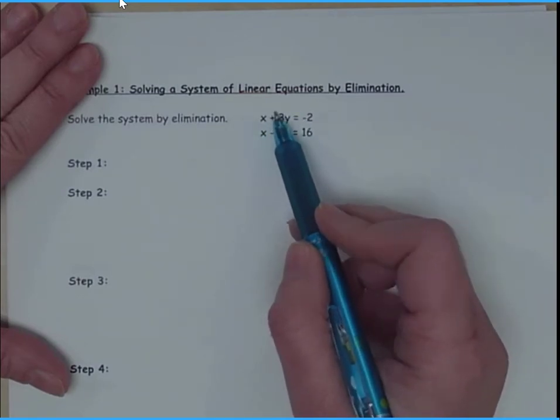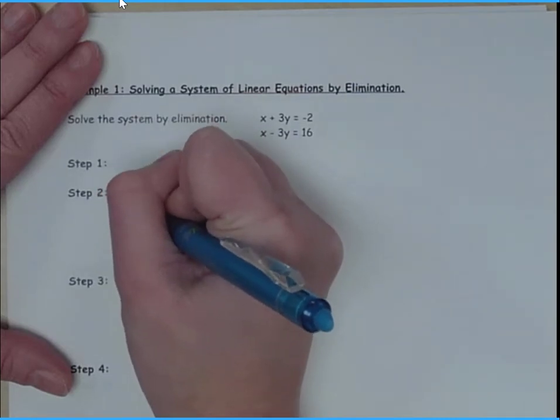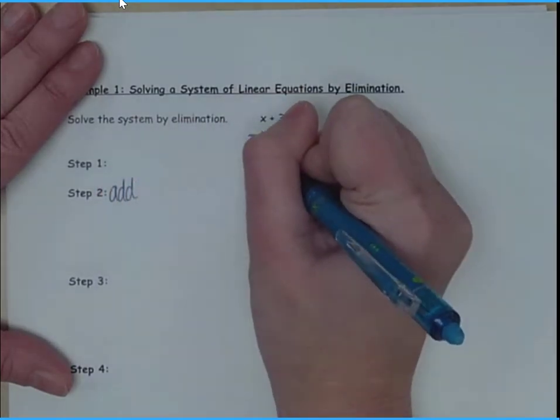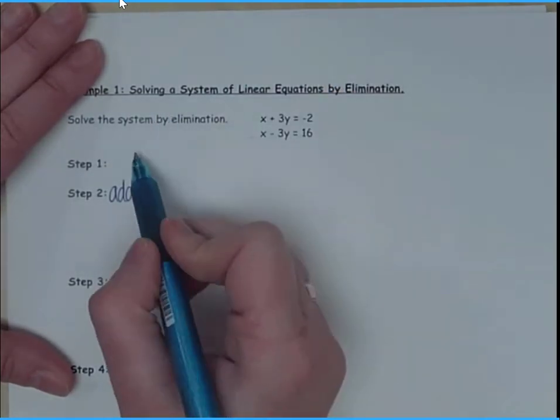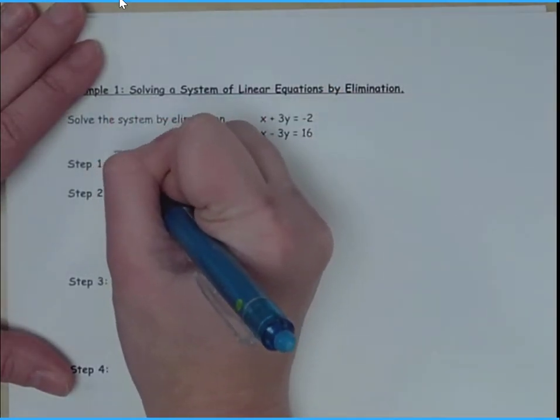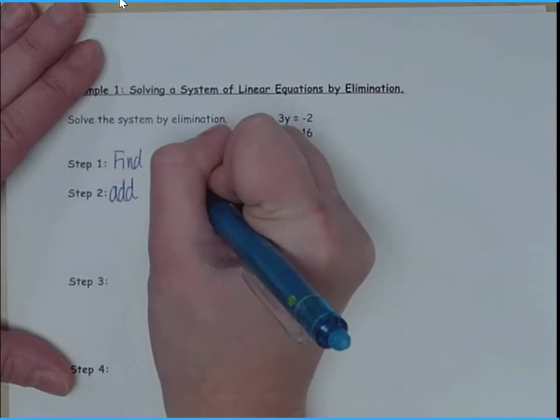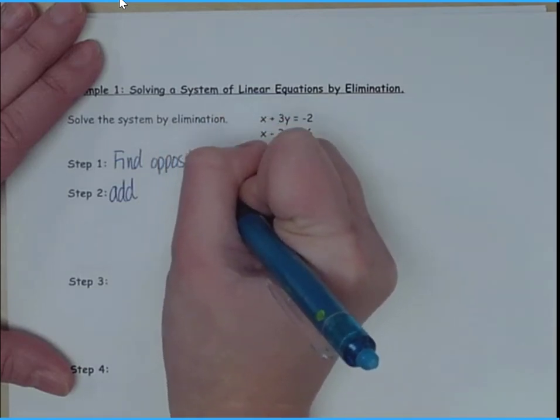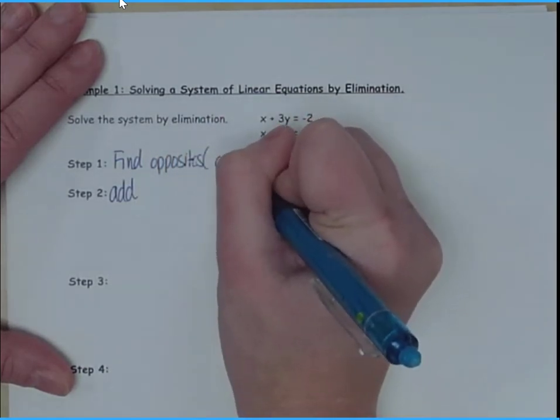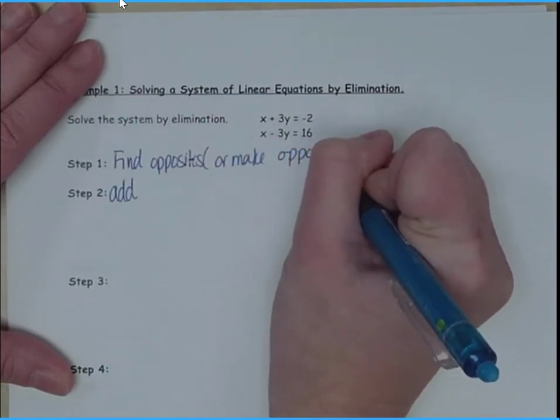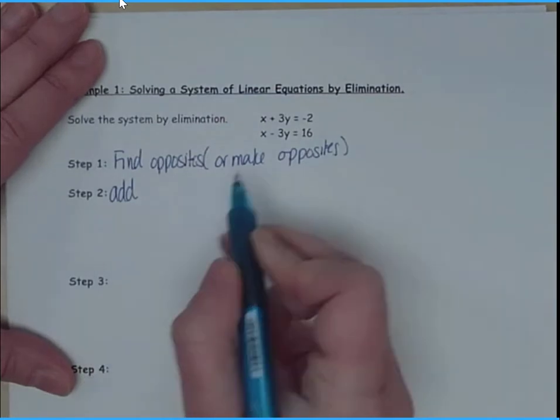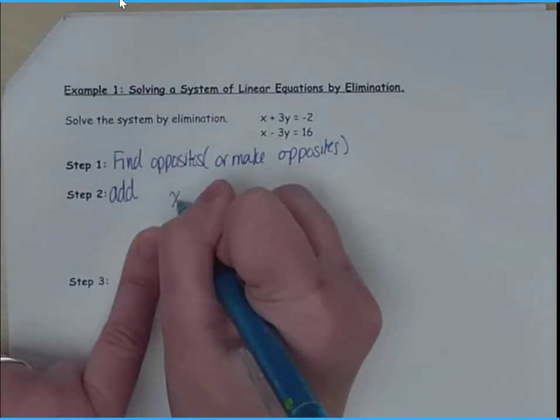The next thing we're going to do is add. So our step one really is to find the opposites, and then write or make opposites, and I'll explain that one in a future problem. So I'm going to add these.